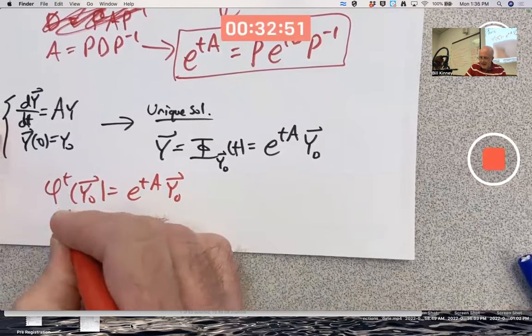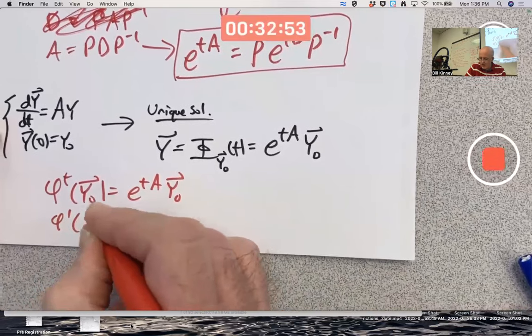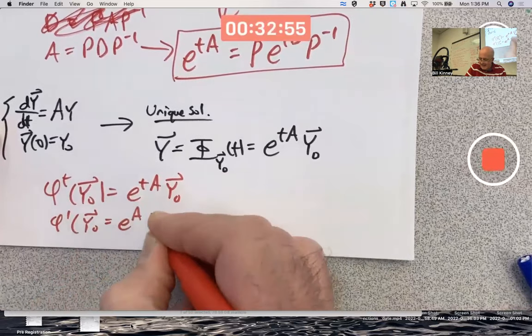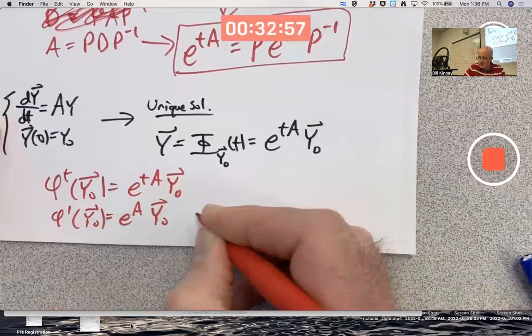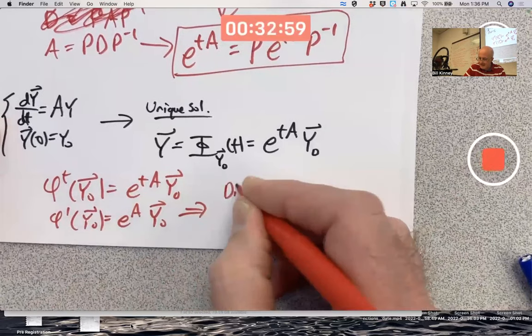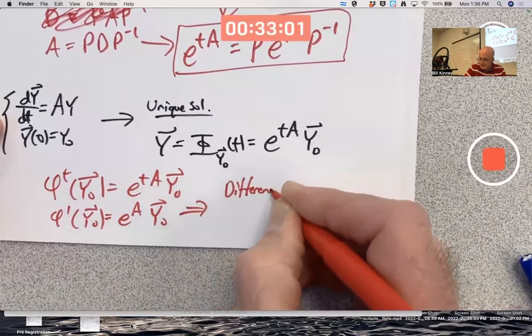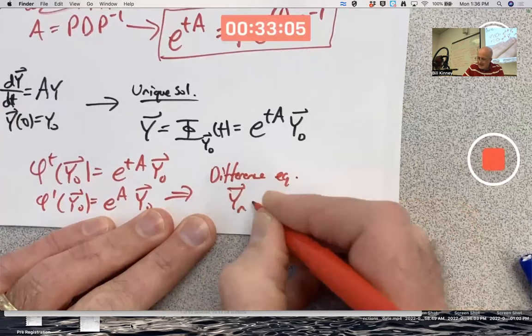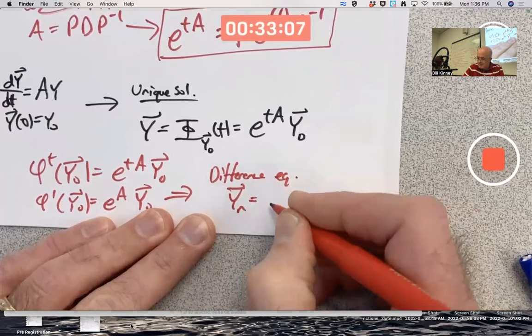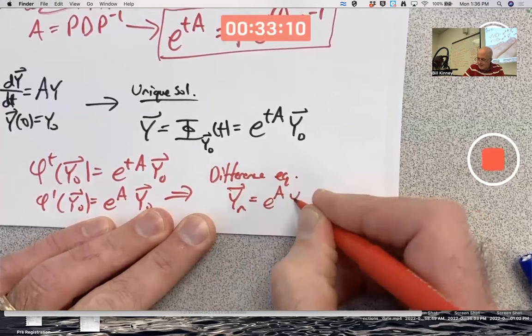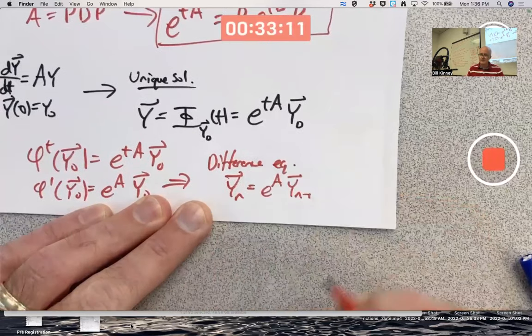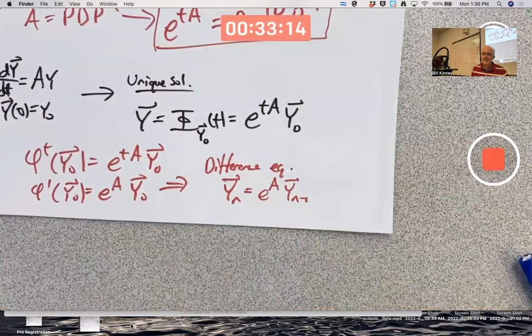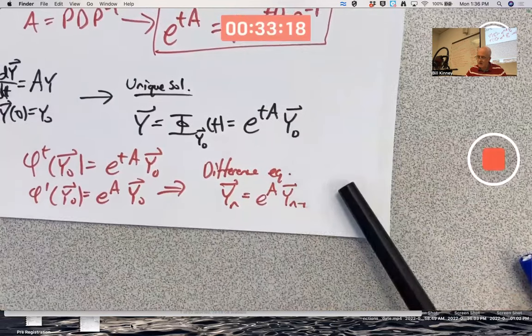The time one map, you just replace t with 1 and you get this. And this, you think of as generating a difference equation, not a differential equation. y_n equals e to the a times y_{n-1}. And these two things are equal.